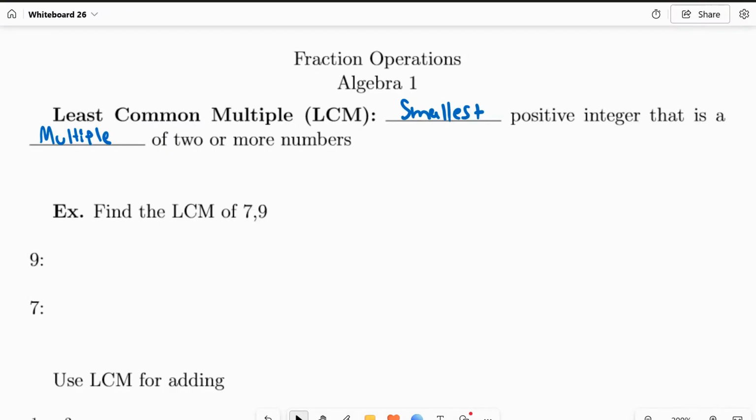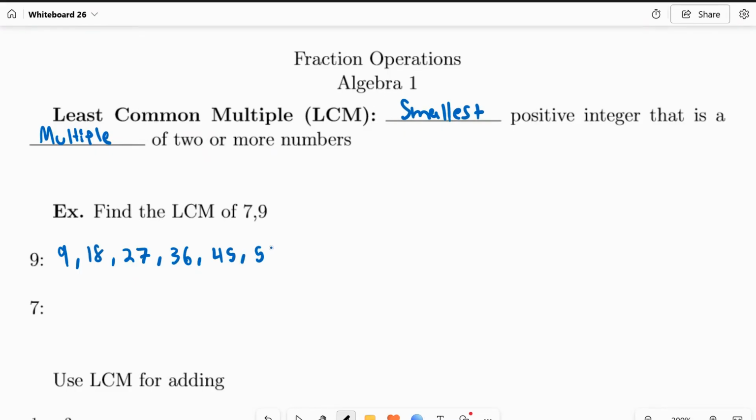So if we were to think about this, 9 times 1 gives us 9. 9 times 2, 18. 9 times 3, 27. Times 4, 36. Times 5 is 45.